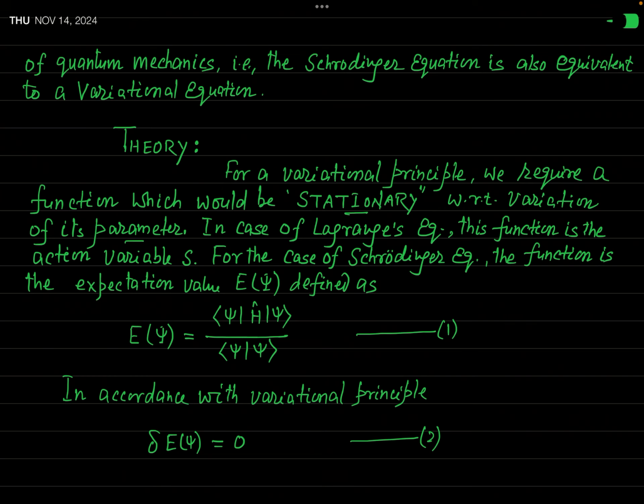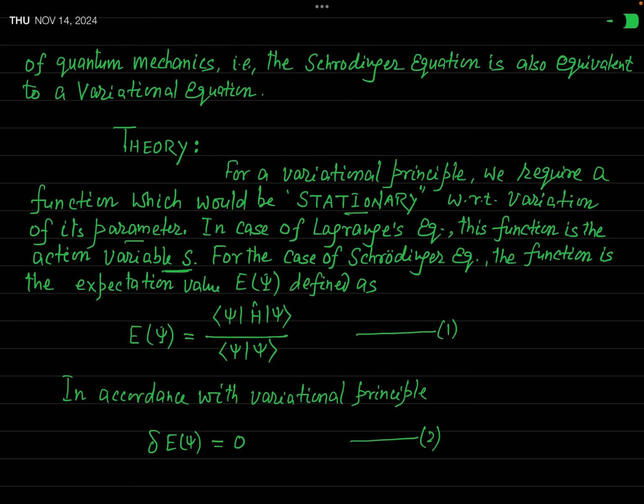As you have seen in the case of the Lagrange equation, this trial function is actually the action variable denoted by the symbol S. Okay. So what will be the quantity taken into account for solving the problem by using the variational principle in quantum mechanics?